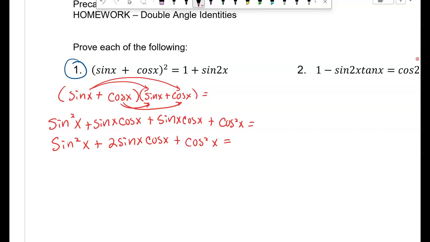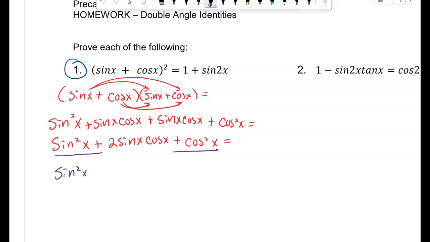Does anyone see anything else that they can do? You could turn the sine squared x plus cosine squared x into 1. Guys, are we adding these two still together? They're apart. So if you didn't see what Stefano just said, and you could go straight there if you see it, could you even rewrite it like this?